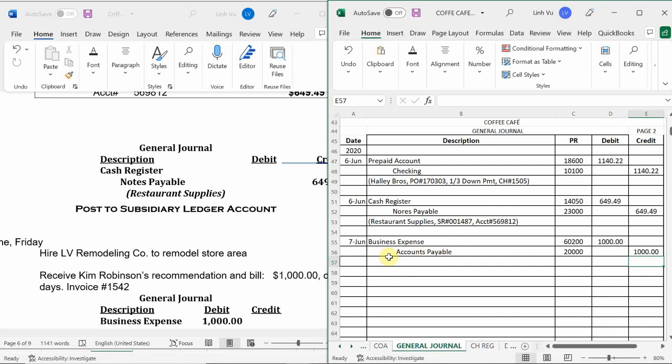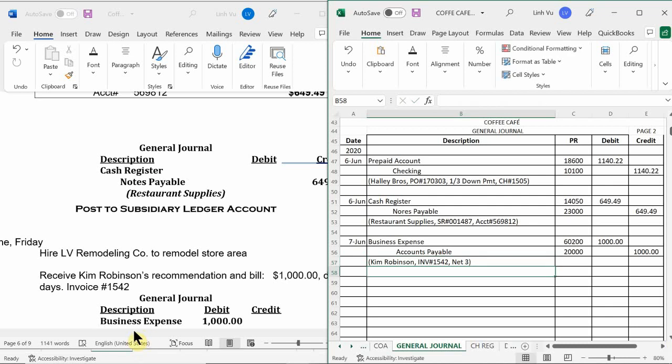So, we have all the information we need, right? Who did we receive a bill from? We received a bill from Kim Robinson. We know that because we were billed with an invoice number 1542. And when is it due? It's due in net 3 days.